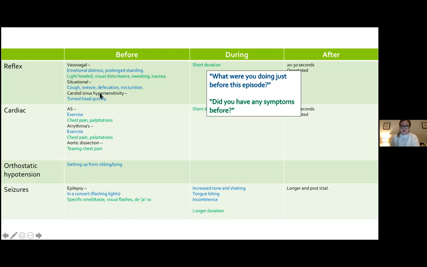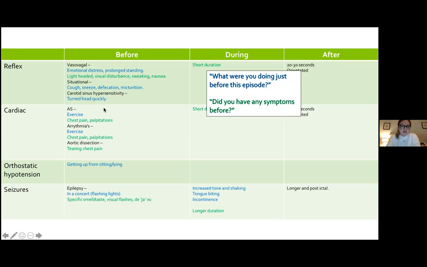Situational, so they might have just been having a coughing fit, sneezing fit, or they might have been defecating or voiding. And for carotid sinus hypersensitivity, they might say, I just turned my head really quickly, and then I fainted. Once you've got the triggers, you want to ask, did they have any symptoms beforehand?